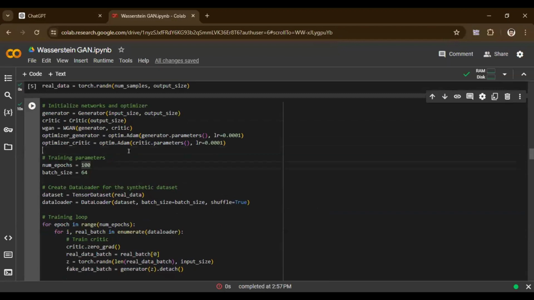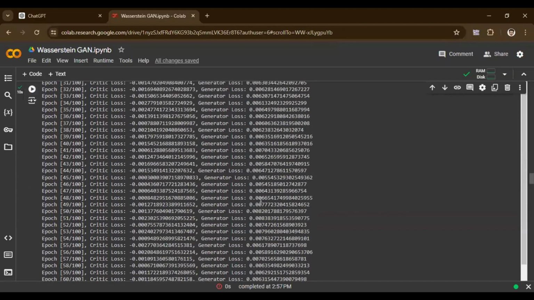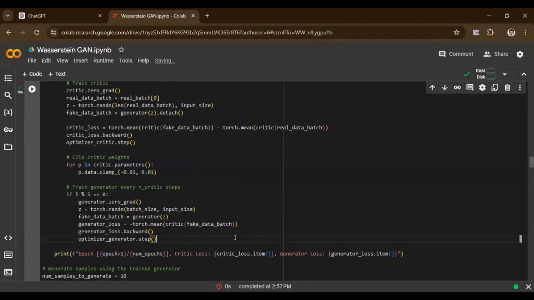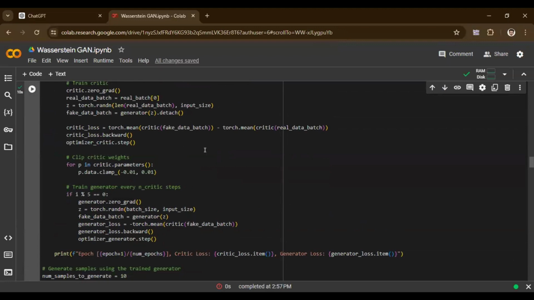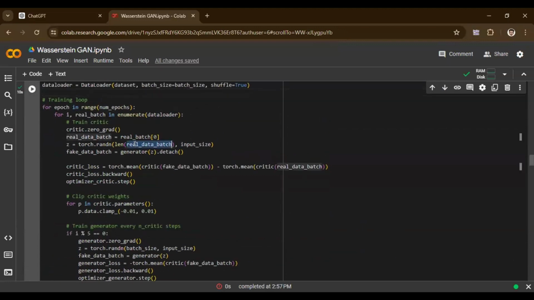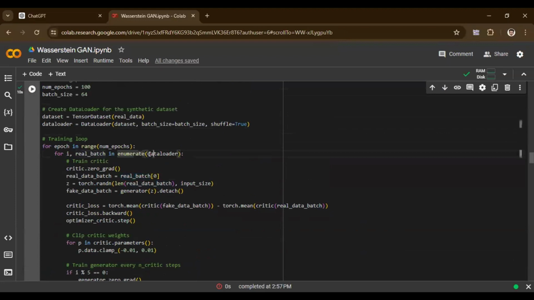come from? Name, epochs, optimizer. Oh, it should still have the real data from before we train. Let's see, training loop. The real data batch is from the real batch from the data loader from the dataset.